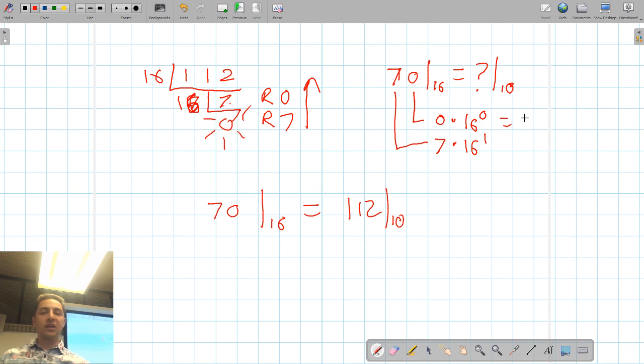So 16 to the 0 is just 1, so that's 0 times 1. And 16 to the 1 is 16, so 7 times 16. I cheat again. Oh, look, it's 112. So there we go. So base 16 is really not that crazy.